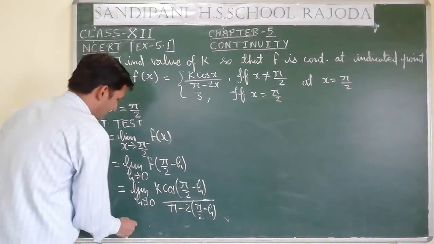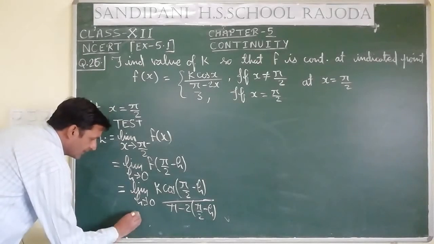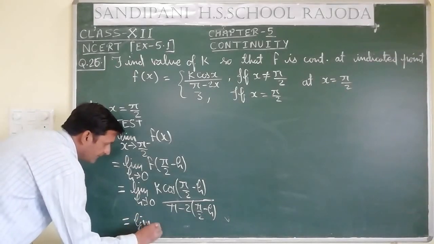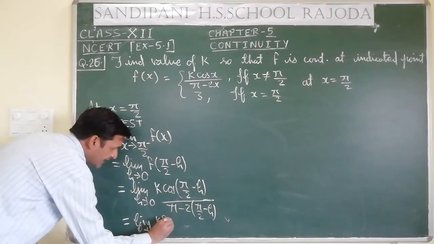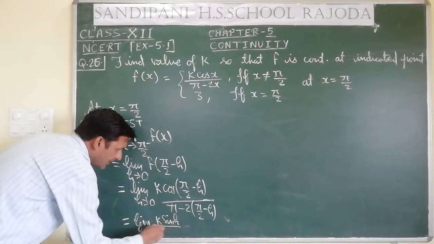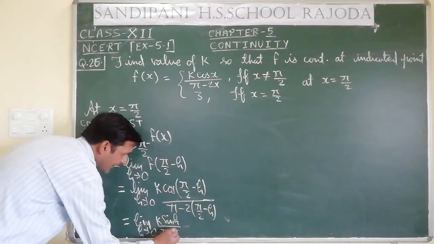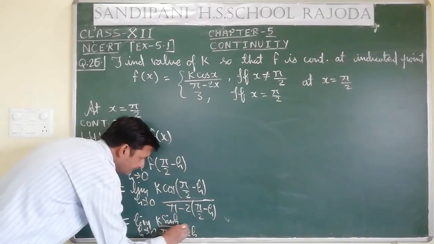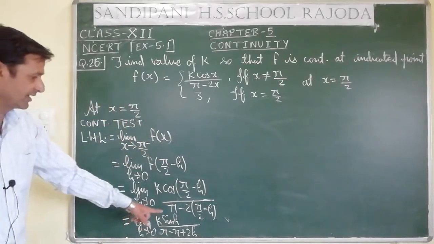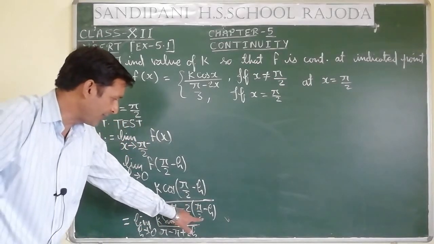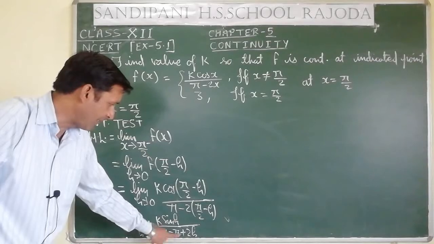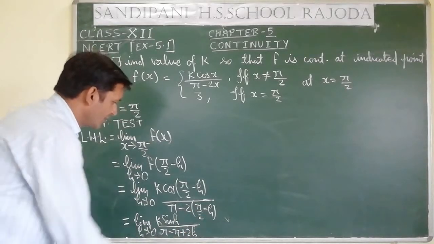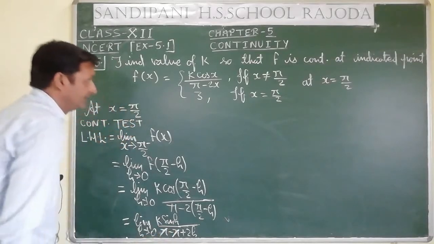So this will become limit h tends to 0, k sin h upon pi minus pi plus 2h. It is very clear: when 2 is multiplied by pi by 2, then the 2 will be cancelled. So here it will be pi, and minus into minus is plus, 2 into h is 2h. So this pi is cancelled by this pi.